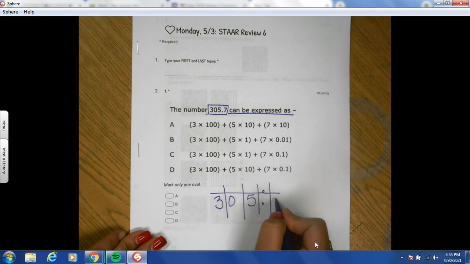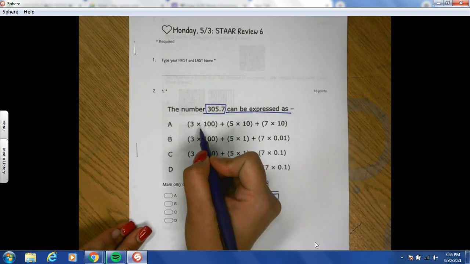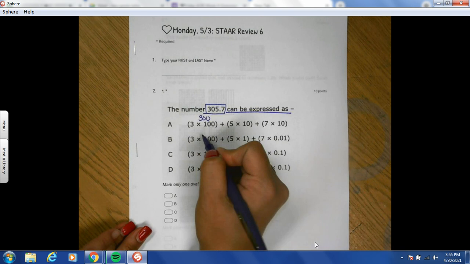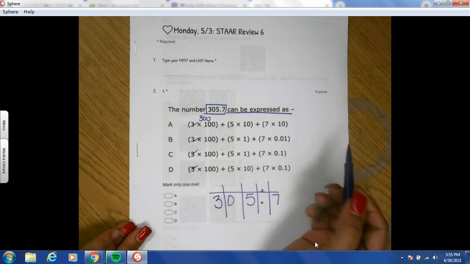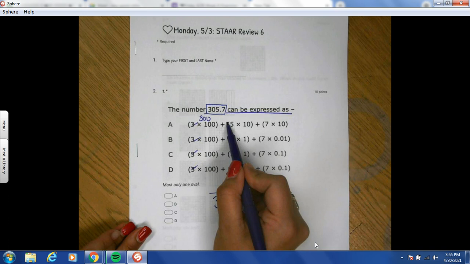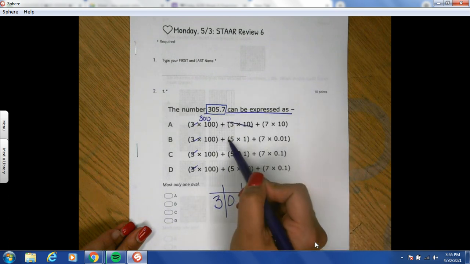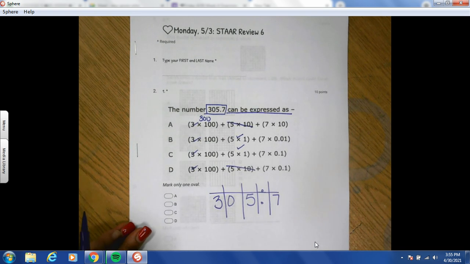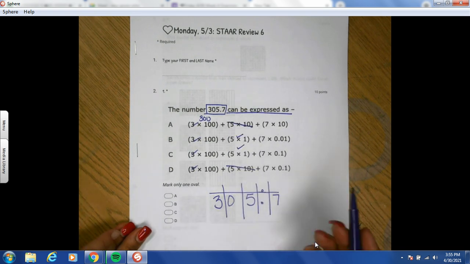305 and 7/10. So what you need to do is multiply 3 times 100 is 300. So that's correct, that's correct, that's correct, and that's correct. I don't have any 10, so this one is eliminated. I have a 5 in the ones. Now I need a 7 in the tenths.